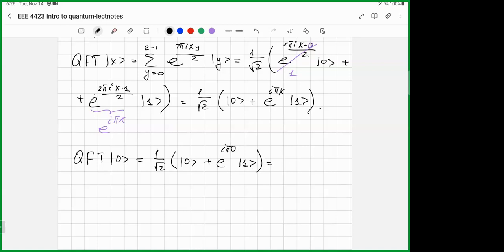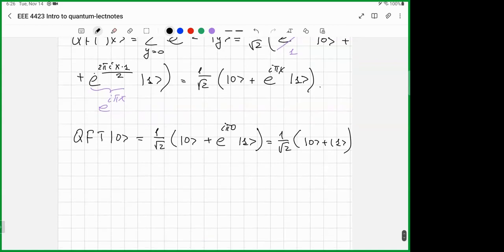So it's perfectly equal to 1 over square root of 2 state 0 plus state 1. The Hadamard state, the superposition state of two computational states. And the QFT of the state 1 is equal to 1 over square root of 2 state 0 plus e to the power of i pi state 1.